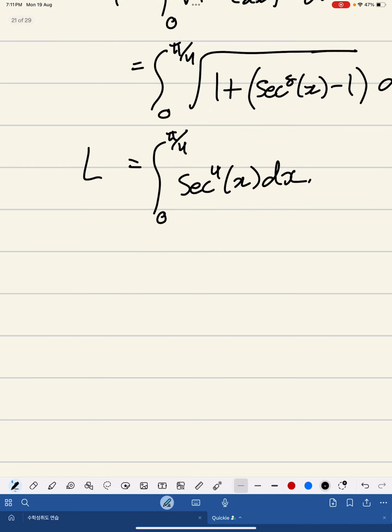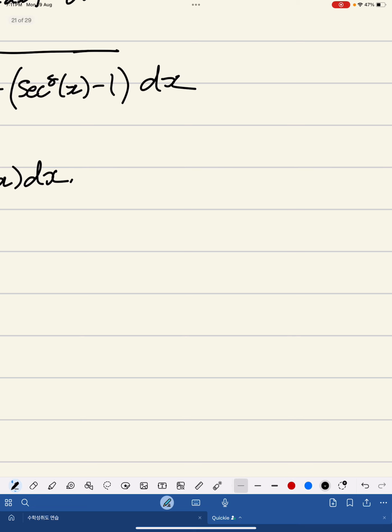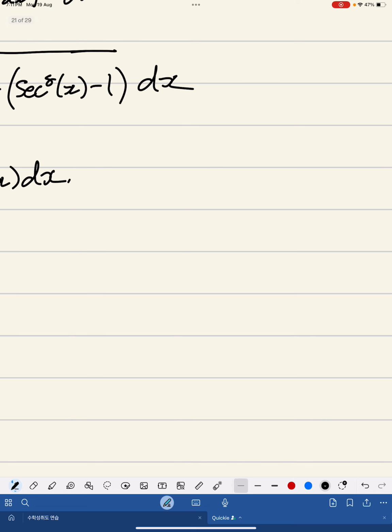So what we do is we use the Pythagorean identity. We know that cosine squared x plus sine squared x equals 1, always, because it's the definition of a unit circle in polar form.